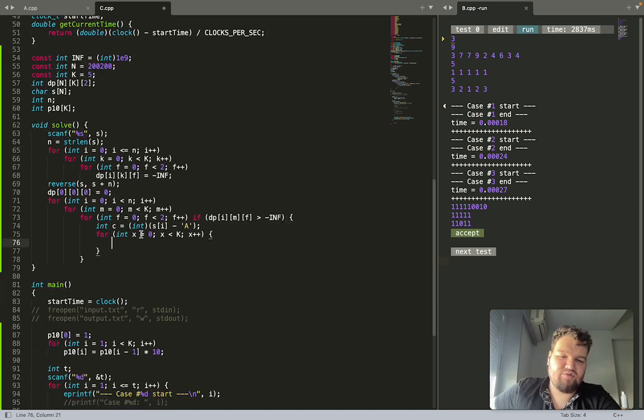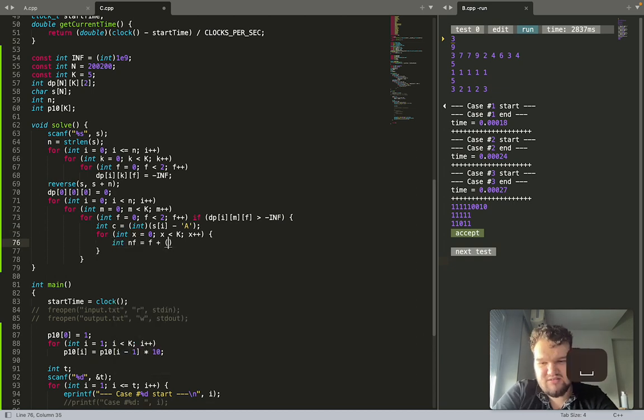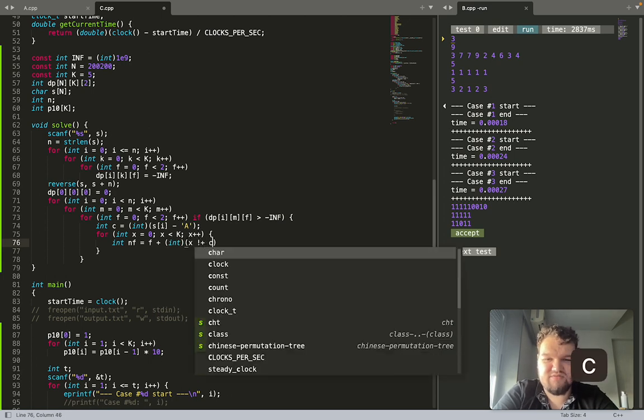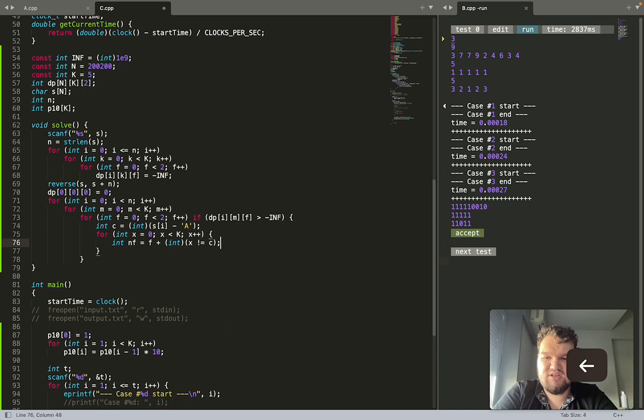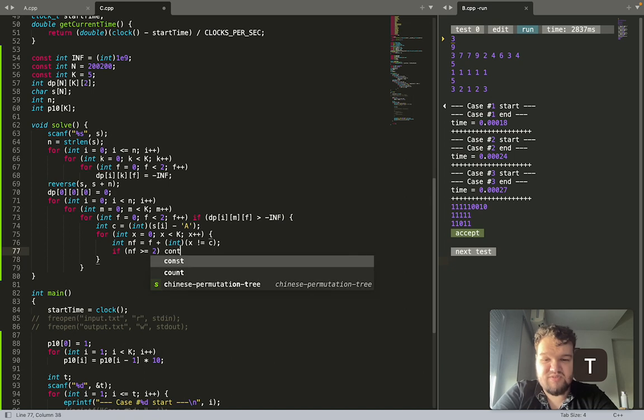So let's say I want to place a digit with value equal to x here. Then I have to use an operation if x is not equal to c, and if the new value of f is at least 2, it's bad.